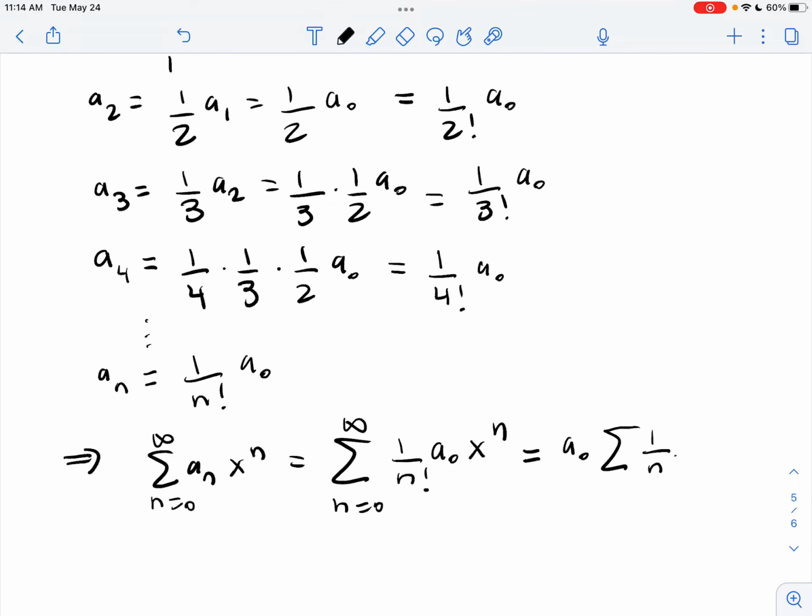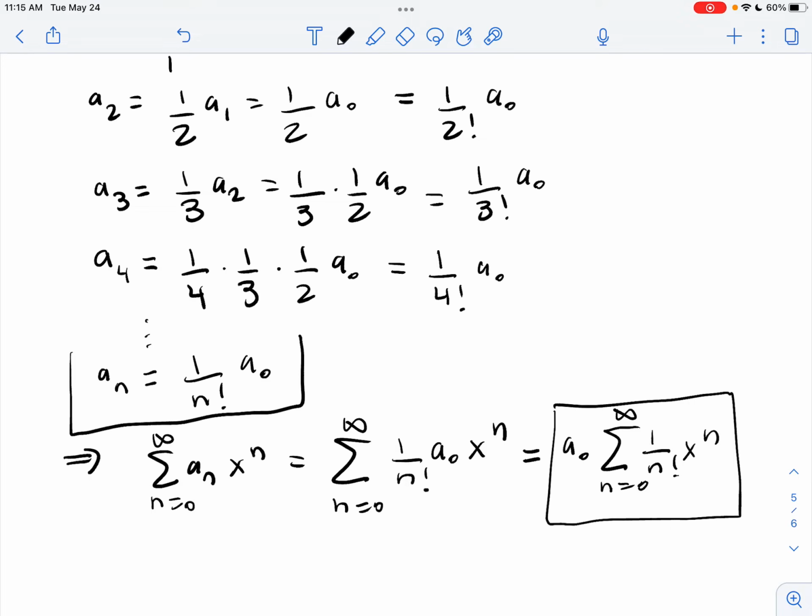And so really we end up with this. This is the relationship that we needed, and that's what allowed us to write down what we just did.